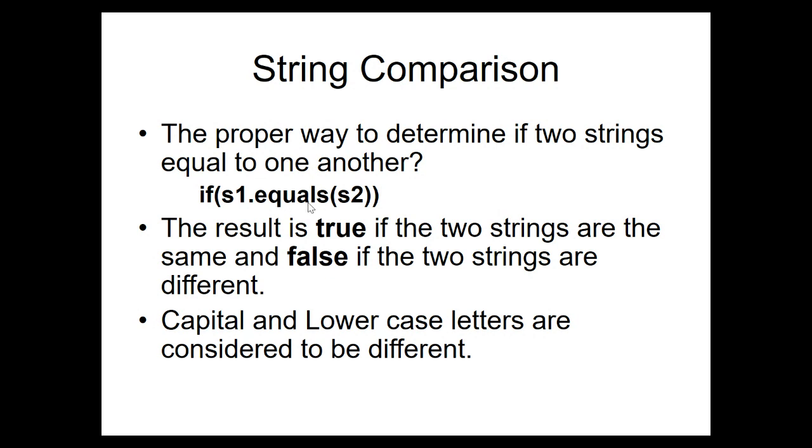This equals method is called from one of the two strings, it doesn't matter. In the brackets for the method as a parameter, you put the other string that you want to compare to. And it returns true if they are the same, including the case of the letters, and it's false otherwise.